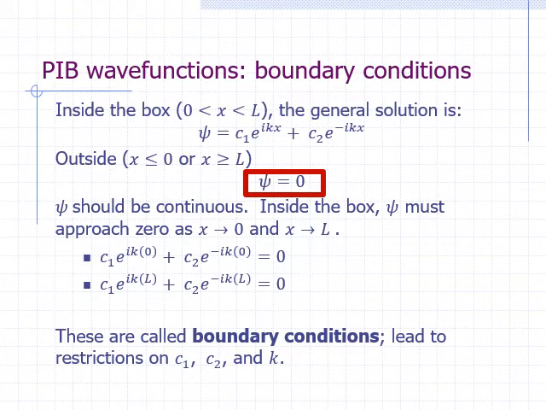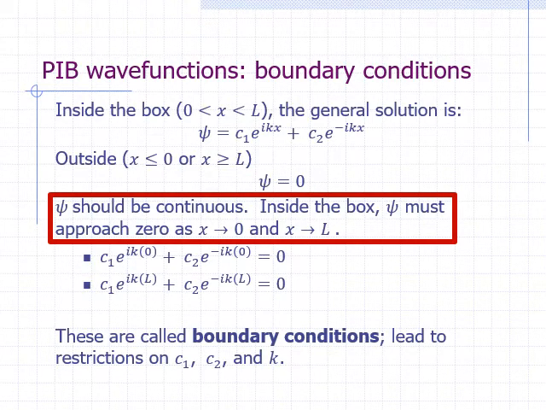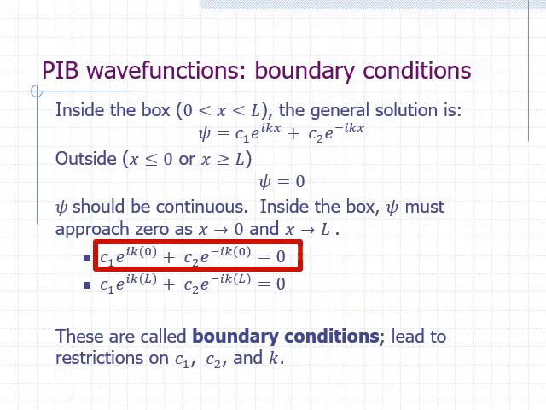Recall that psi must be continuous, so the expression for psi inside the box must approach 0 as x approaches 0 and as x approaches L. Substituting 0 for x, we get C1 times e to the ik times 0 plus C2 times e to the negative ik times 0 is equal to 0.